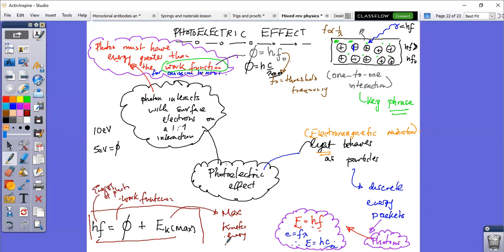This here is the max kinetic energy of the electron, please note. So the energy of the photon goes towards dislodging it, but also providing it with some kinetic energy. That is in simple terms. Are you following that so far?